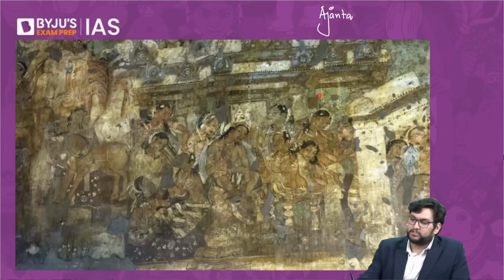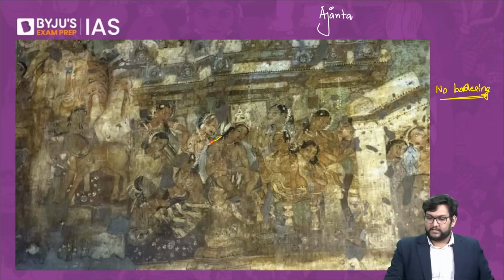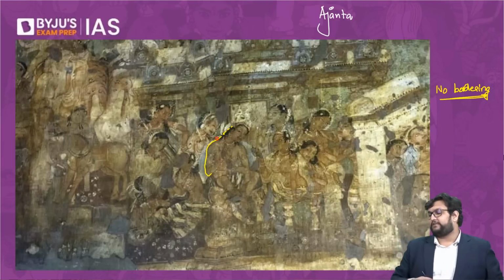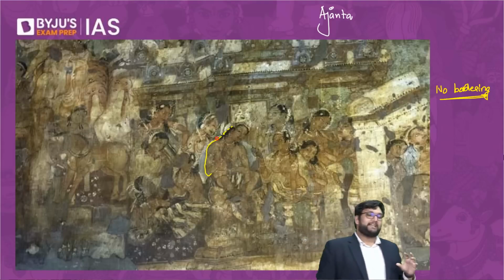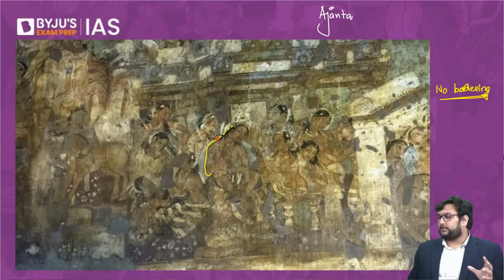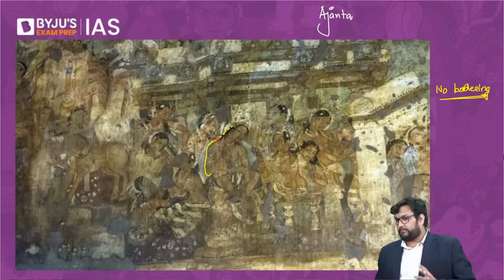One is called no bordering. If you see, the borders of the paintings are not very well defined. There is no conscious attempt to create a proper border, and that is why these images look very cluttered.